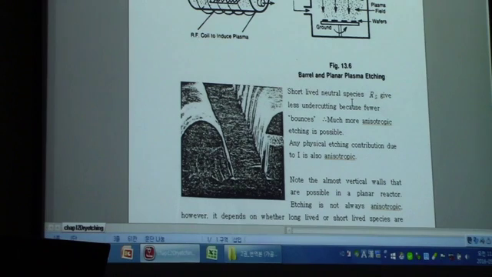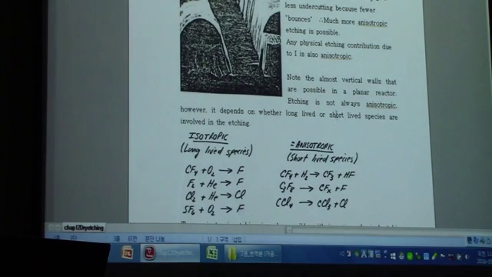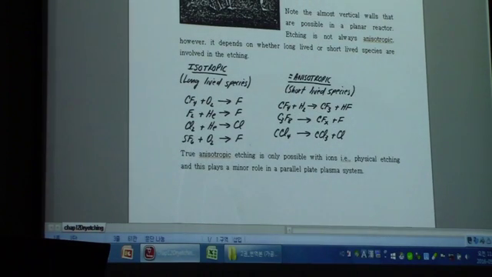Short-lived neutral species will give you less undercutting, right? And almost vertical walls are possible. That means we are going to have less isotropic etching.